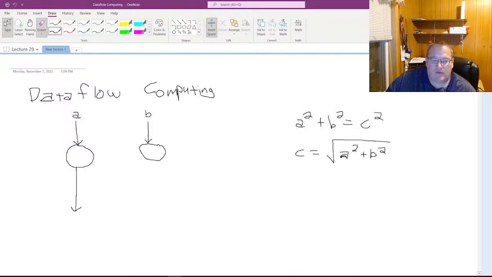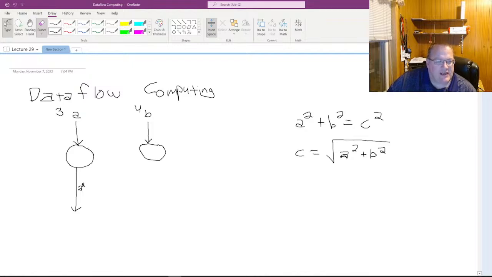But what it does is it waits until all of its inputs have value, and at that point, it'll send off its material. So in this case, if we give the two values for A and B, say that's 3 and 4, then what happens in here, we're going to say this is going to be A squared.